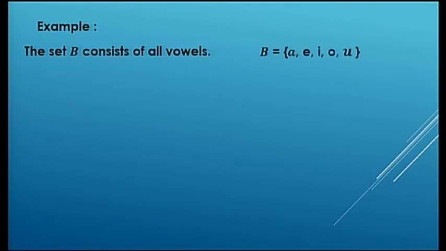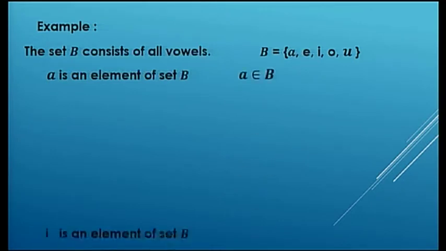Let's have a look at another example. Set B consists of all vowels. So in B we have A, E, I, O, and U as elements. We write A is an element of B using set notation.